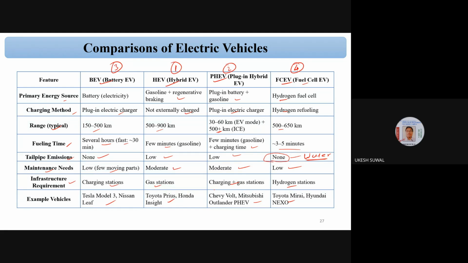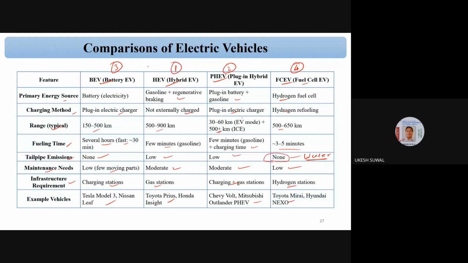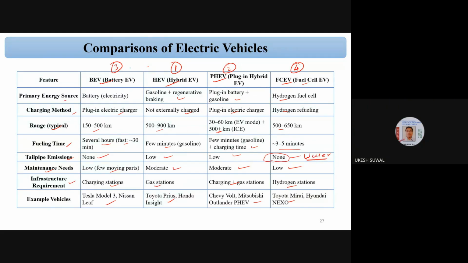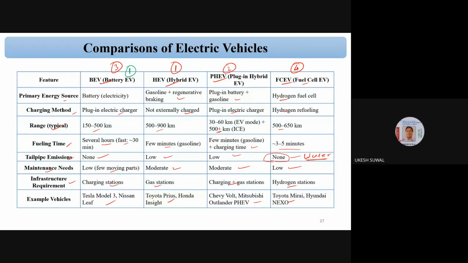I think, sir, as per the range, battery EV is cheaper. BEV is cheaper, yes sir. So this one is first number, I think. And second number, in hybrid EV both battery and gasoline are used.